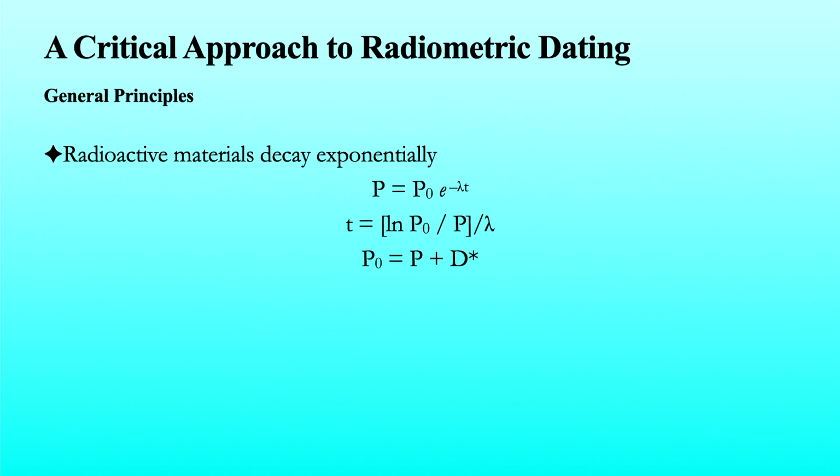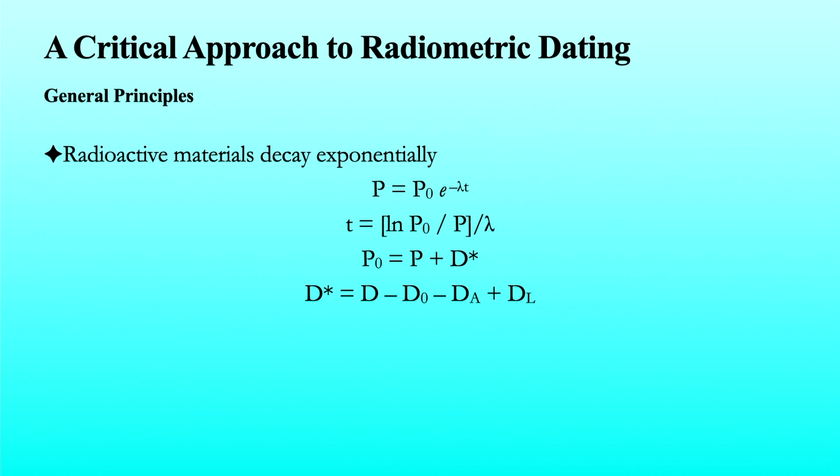Well, how much daughter has come from decay? That gets complicated. The daughter that's come from decay is equal to the daughter you measure now, minus the daughter that was there originally, minus the daughter that has somehow been added, plus the daughter that has somehow been lost.